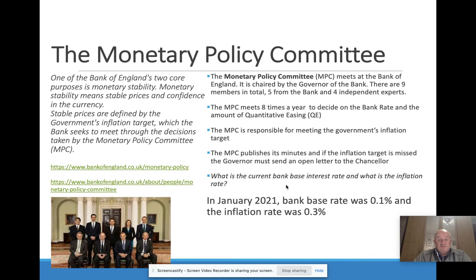If we go too low and we start to get deflation, where we've actually got a fall in prices, then clearly that can be a dangerous signal that the government and the Bank of England need to think about in order to stimulate the economy, to try to encourage that inflation rate slightly higher.